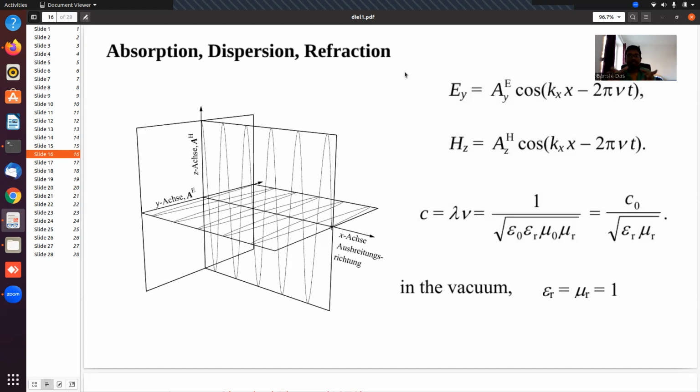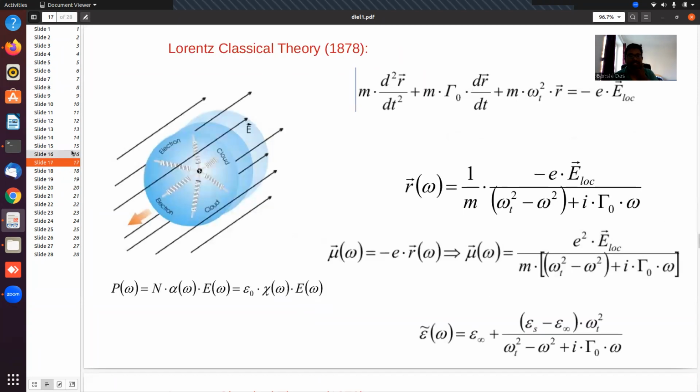So Lorentz could handle this problem and give a guideline for experiments with light interacting with material, which is a hot topic today itself. This is the baseline Lorentz gave, the famous classical Lorentz theory, from very long ago, 1878.